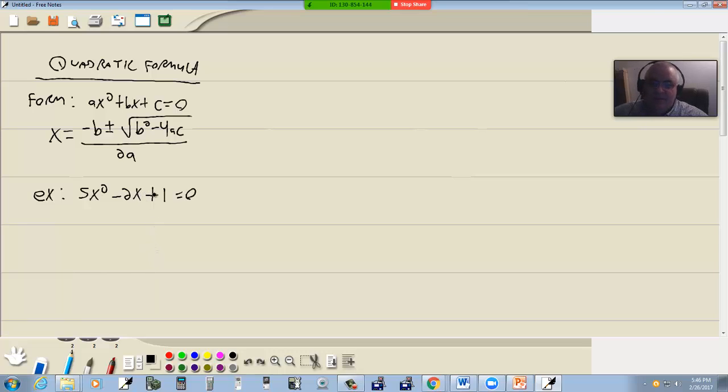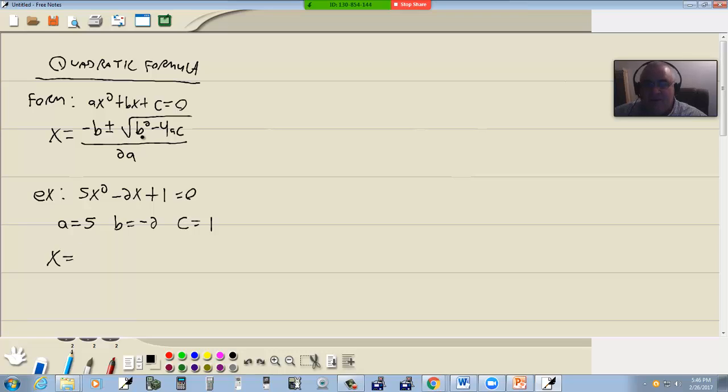I mean, you can solve by completing the square, but I mean where you can factor it. Okay, first thing we need to do is identify our a, b, and c. A is whatever number is in front of our x squared, the coefficient, which is 5. B is whatever number is in front of our x, which is negative 2. And c is our constant term, the number at the end, which is 1. Notice how the sign comes along with it.